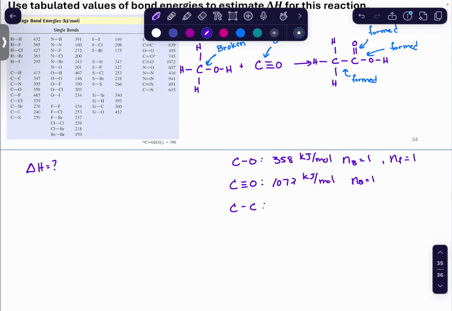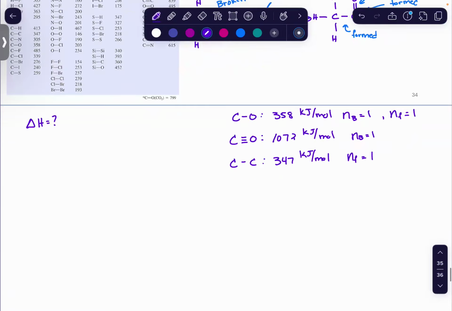The C-C bond is 347 kilojoules per mole, and I have 1 mole formed. And a C-O double bond is 745 kilojoules per mole, and I have 1 mole formed.